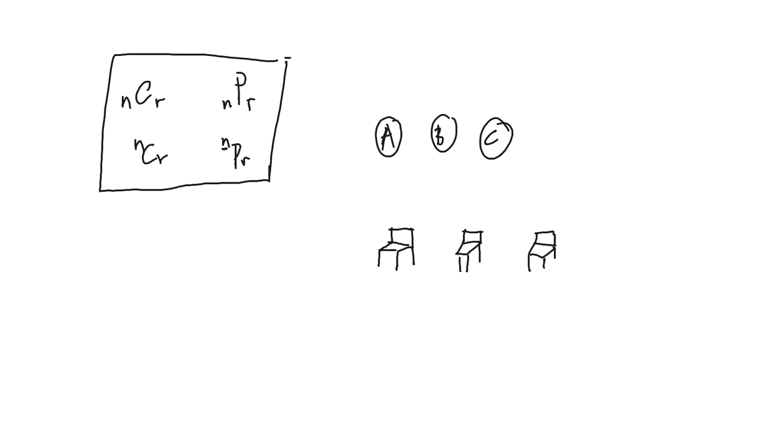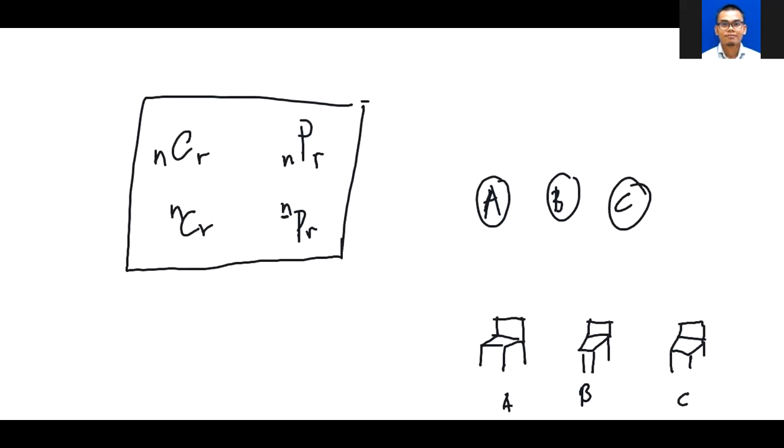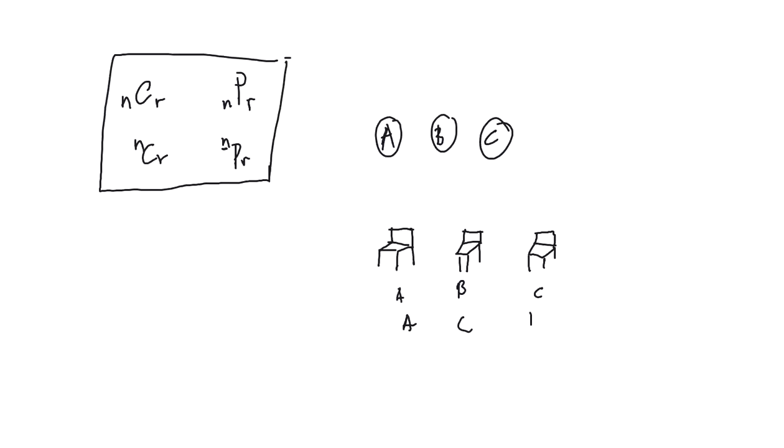So it could be A B C or A C B, and then you can start with B, and then B A C or B C A. After that, you can start with C: C A B, C B A. Right.